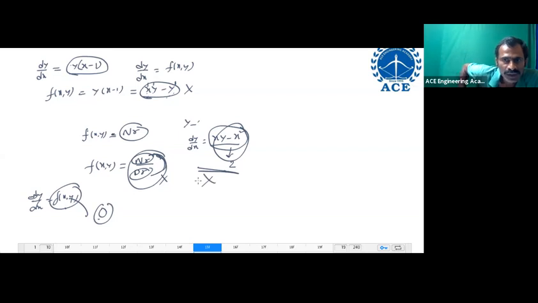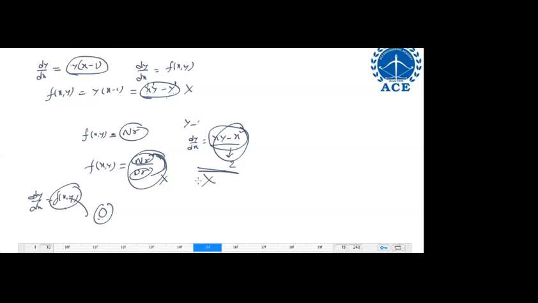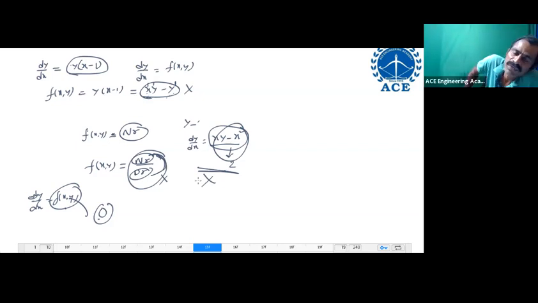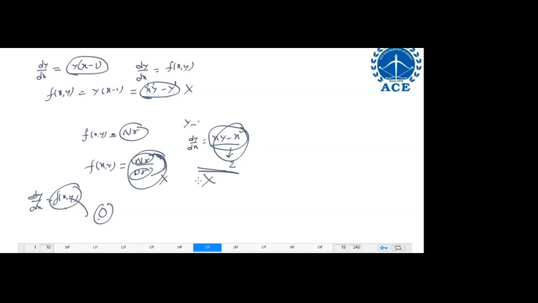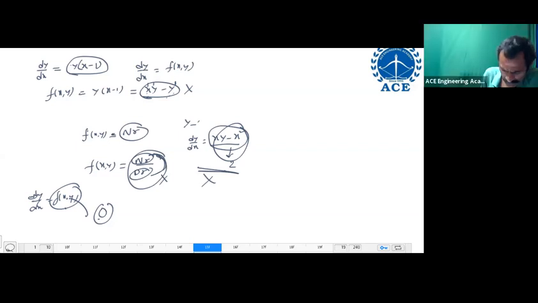Okay, sir. Got it? Sir, earlier while discussing order and degree, you told us to check the highest derivative, and the power of the highest derivative is the degree. That is only for a differential equation. What is your actual doubt?